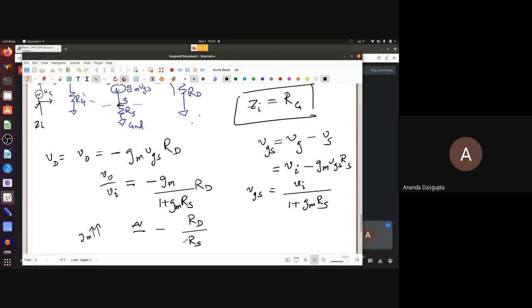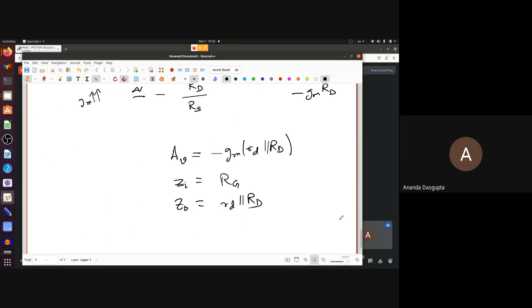Now, can anybody tell me from this result why we would want to keep some RS unbypassed? Remember, if we had bypassed the entire RS, this GMRS would have been 0. So the answer would have been minus GMRD.